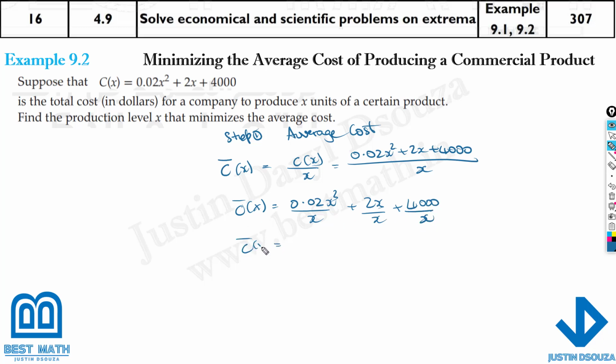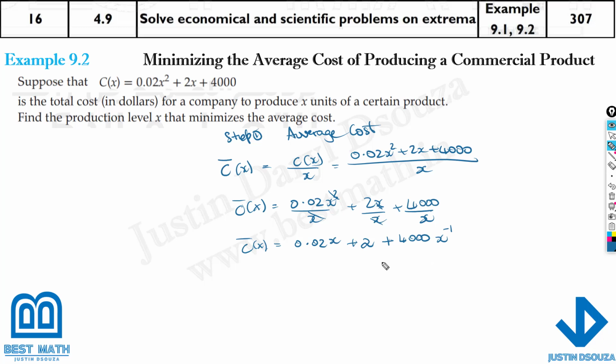So the average cost function would be 0.02, the x squared over x gives only x, plus 2x over x cancels, so it'll be only 2 over here, and 4000. This is in the denominator. When I bring it up to the numerator, the power changes. It's 1, it goes up, changes its power to minus 1. If this was minus 2, when it goes up, it would have been plus 2. So this is the average cost function. Okay, step 1 is done.